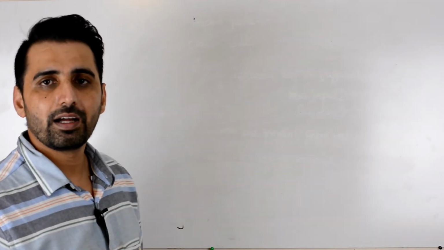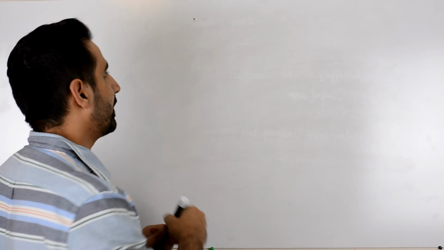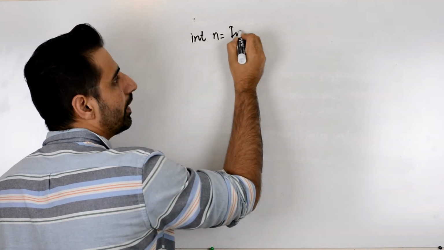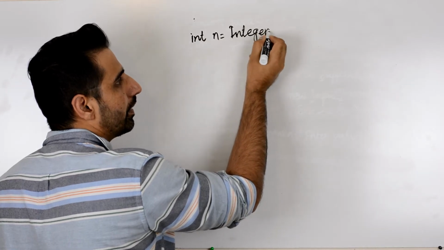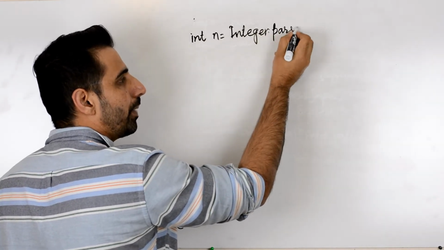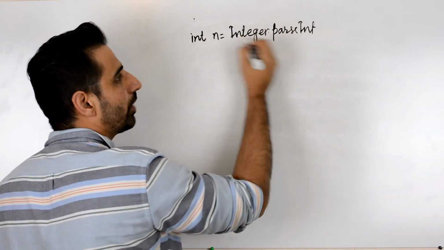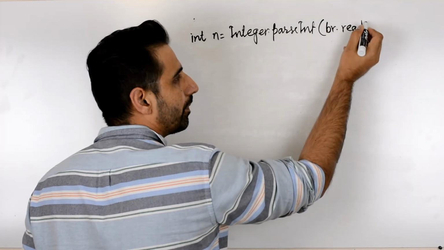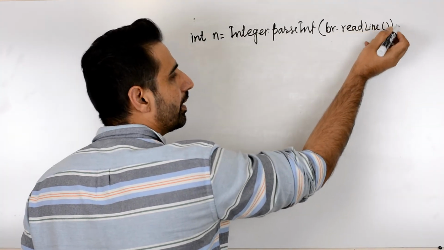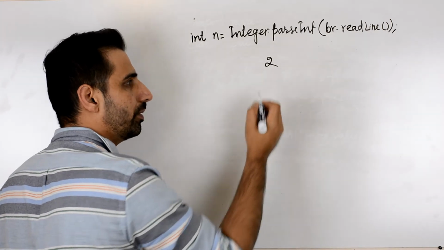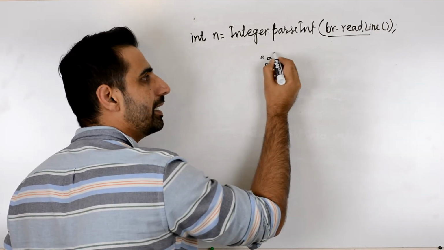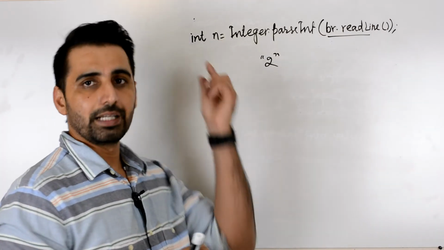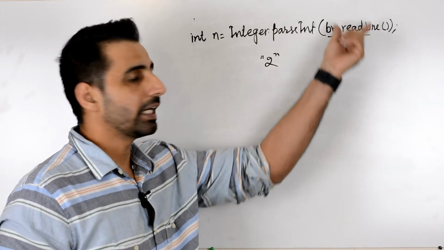If you have to enter an integer, then what do we write here: int n equals Integer.parseInt, this line is to convert, and here we write br.readLine. So if I enter 2, br.readLine will read this 2 as a string, but we need an integer, so that 2 has to be converted to integer.